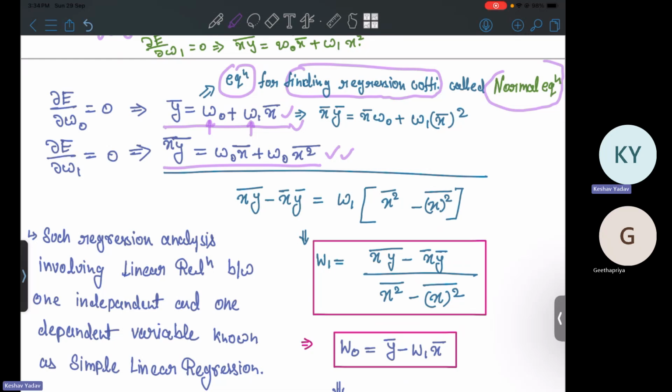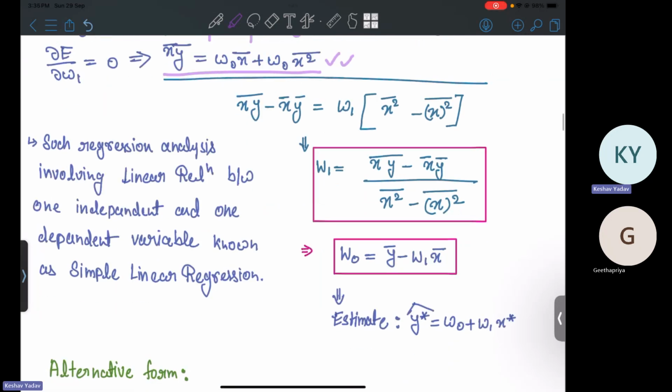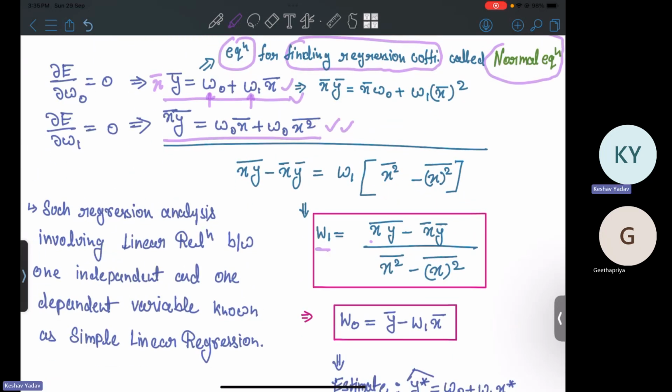How can we find out? If we directly multiply x bar in the first equation and then subtract it, what we'll get is this: w1 will be equal to xy bar minus x bar y bar, divided by x square bar minus x bar square.